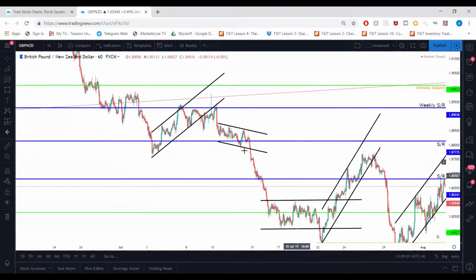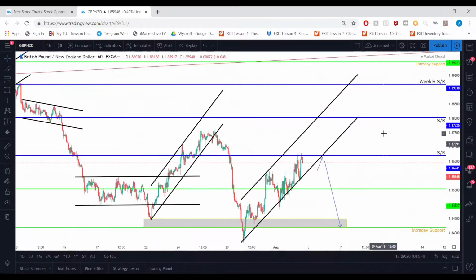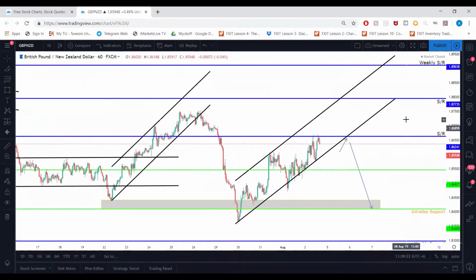On the breakout, you can put a sell stop or wait for it to give a little retrace and then enter again. Let's say you enter here. Look, another 200-plus pip trade. It's really simple, and you don't need to complicate trading.